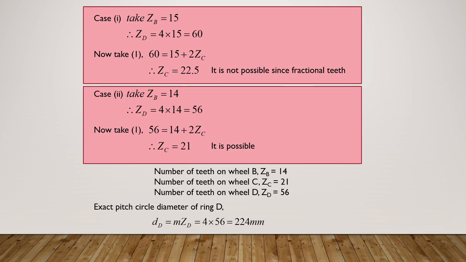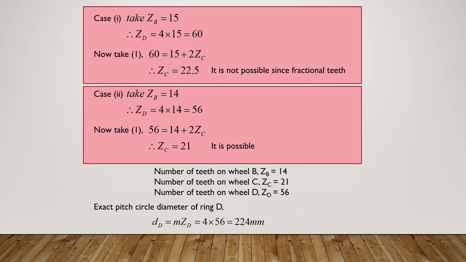Now calculate ZD. We have the relation ZD is equal to 4 times ZB, so 4 into 15 you will get 60. Now the first equation, where the relation was ZD equal to ZB plus 2 times ZC. Substitute there, and you get ZC as 22.5.